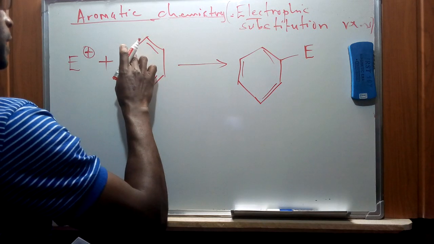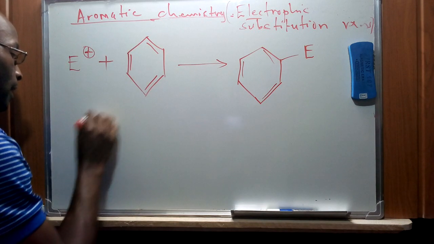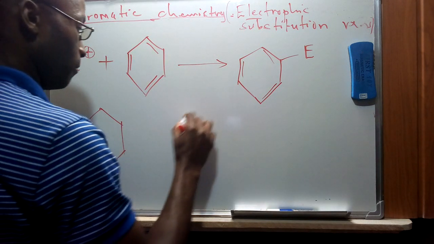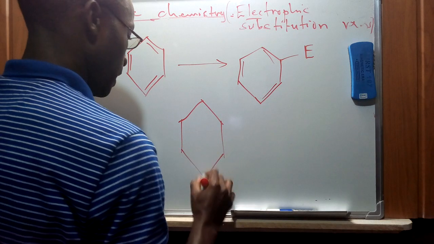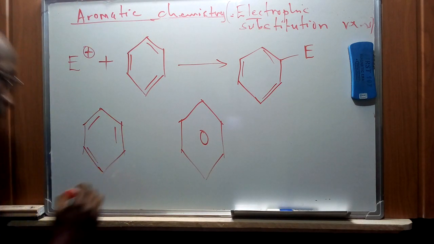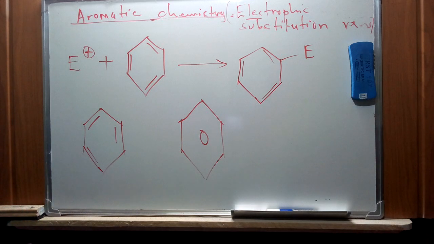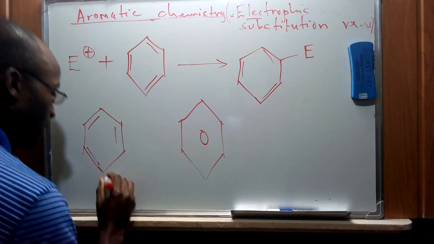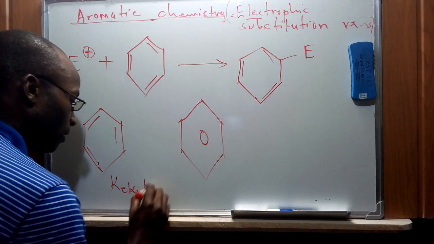But we are going to see that this molecule of benzene can be represented in two different ways. The first one is known as the Kekule structure. This is from the German physicist, who was also a chemist, who came up with the chemical structure for this molecule, and it became known as the Kekule structure.